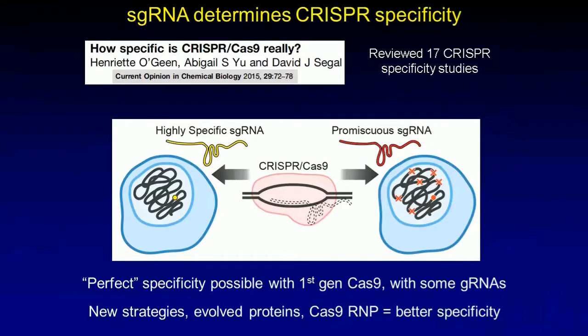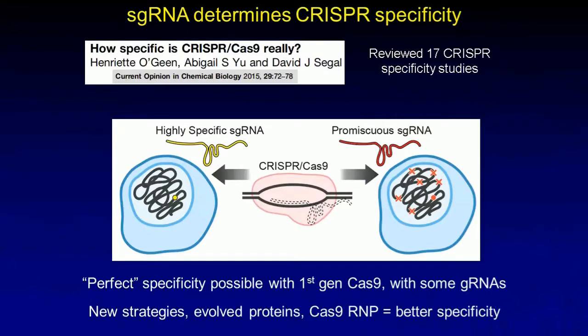So our interpretation of the literature's view on this is that it's really dependent on the guide RNA, or perhaps we could say it's really dependent on the target site that you choose. So with some target sites or guide RNAs, CRISPR-Cas has many off-targets, while with different guide RNAs, CRISPR-Cas has fewer off-targets.